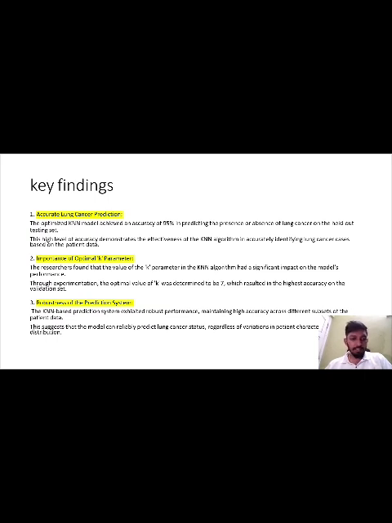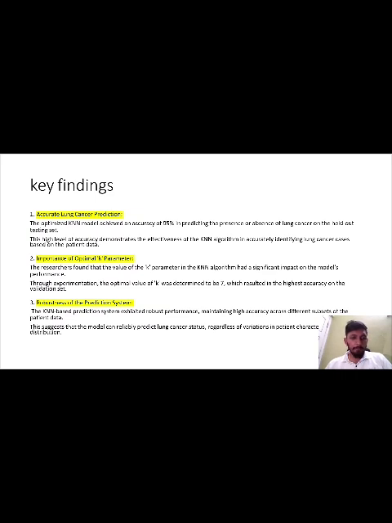The researchers found the value of the K parameter in the KNN algorithm had a significant impact on the model's performance. Through experimentation, the optimal value of K was determined to be 7, which resulted in the highest accuracy on the test set.